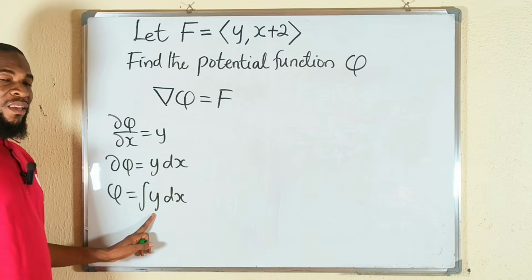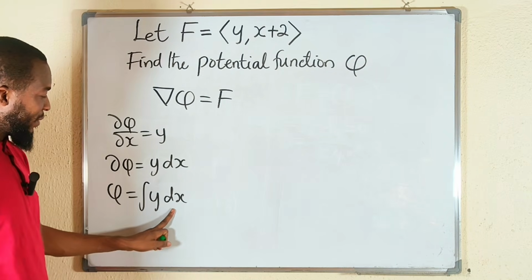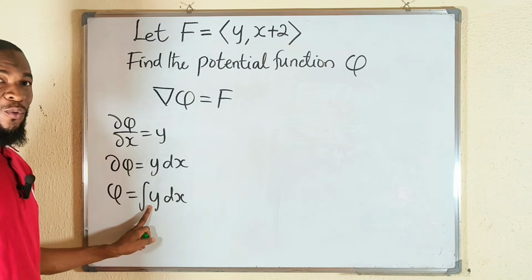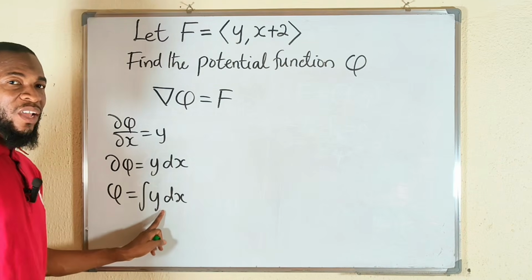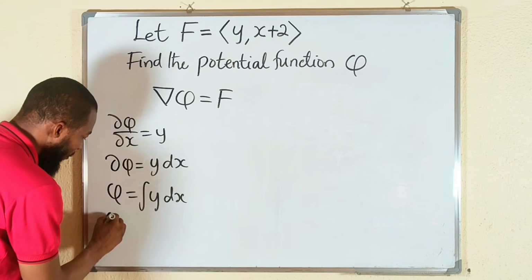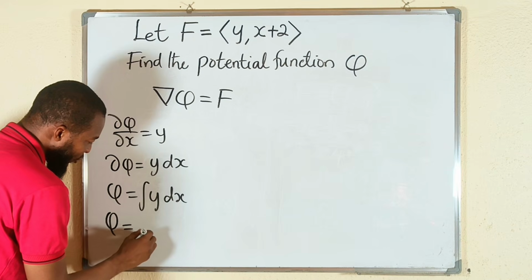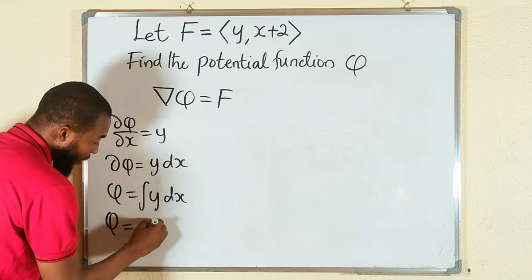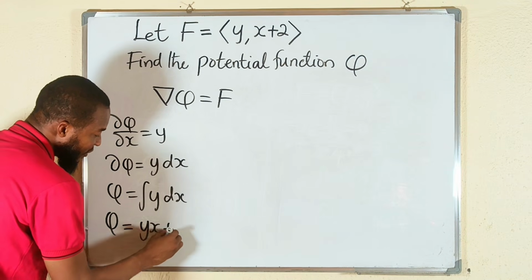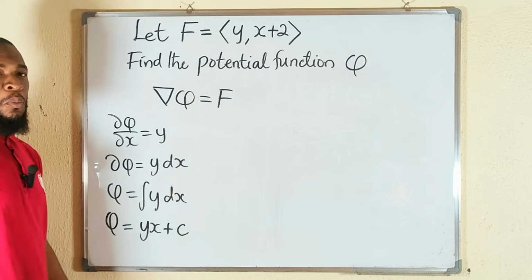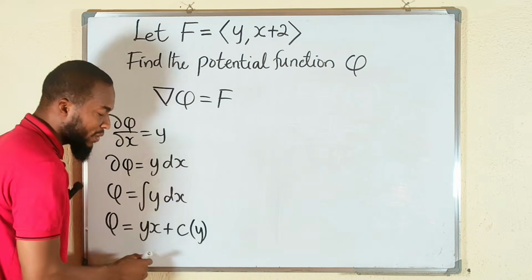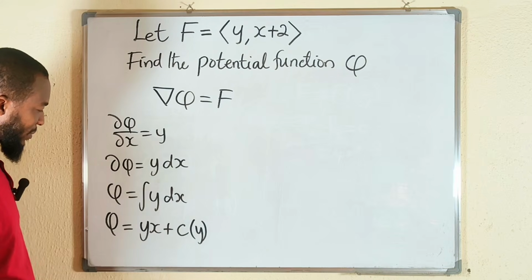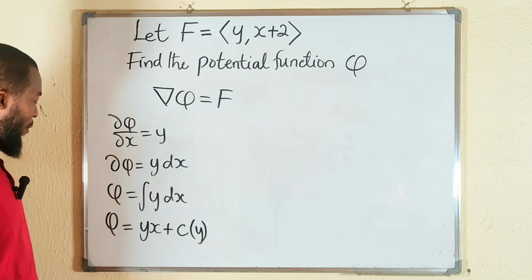We are going to integrate y with respect to x. Since y is constant in terms of x, we only attach x to y. Therefore, our potential function is equal to yx or xy, all the same, plus the constant of integration. But this constant of integration must be in terms of y. It is a constant in terms of y. This is what you should do.